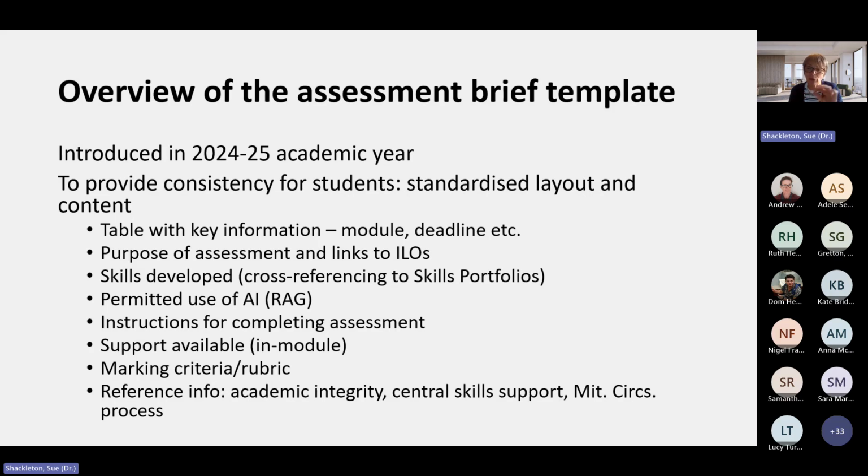Because this is the sort of thing that some students just miss out on, and particularly I think in first year, or if it's the first time they've encountered these issues, they don't always know where to look. So if it's embedded within the assessment brief, hopefully that makes it easily accessible to all students.